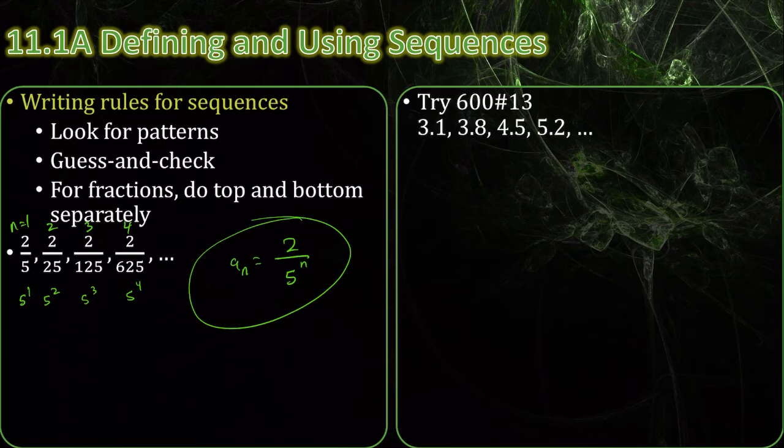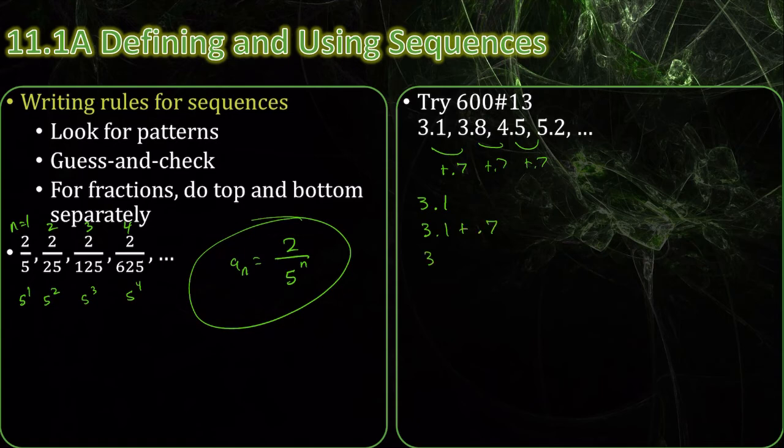Why don't you try number 13? All right, this one's a little more difficult. Notice you have a pattern of adding 0.7. So our first number is simply 3.1. Our second number, the 3.8, is 3.1 plus 0.7.